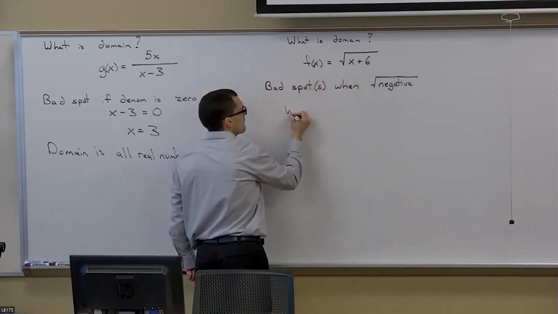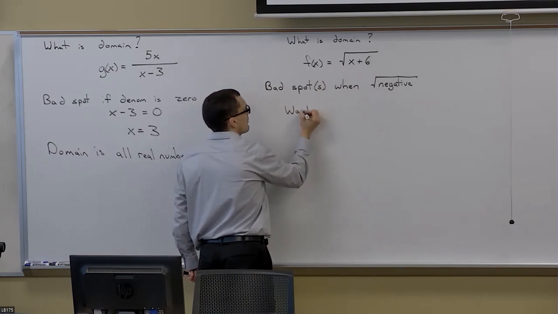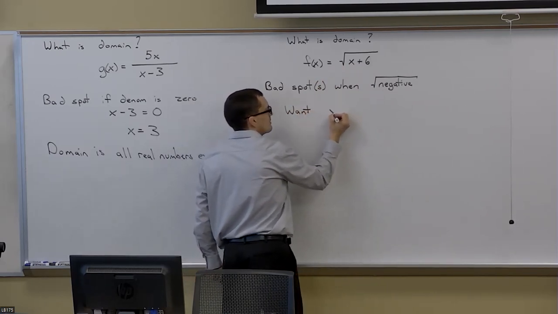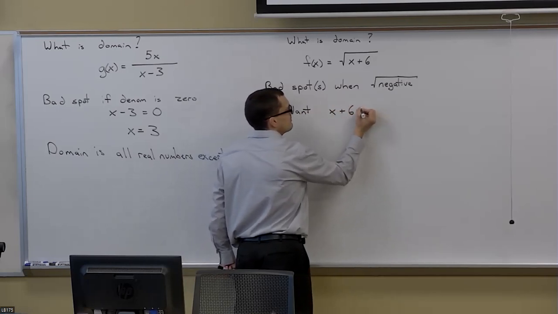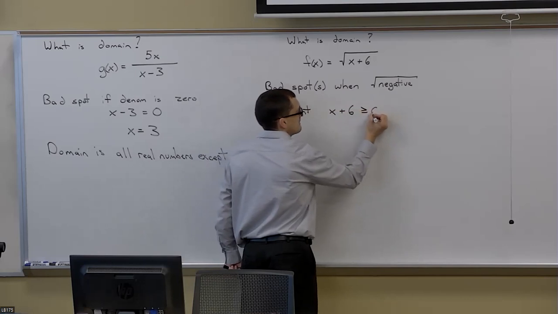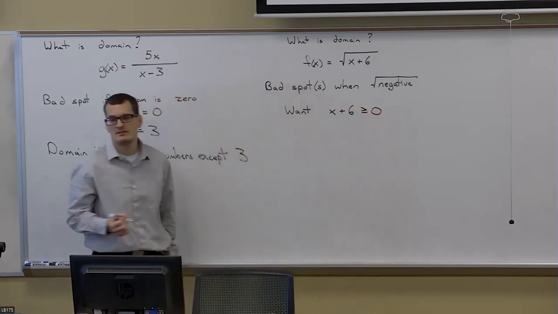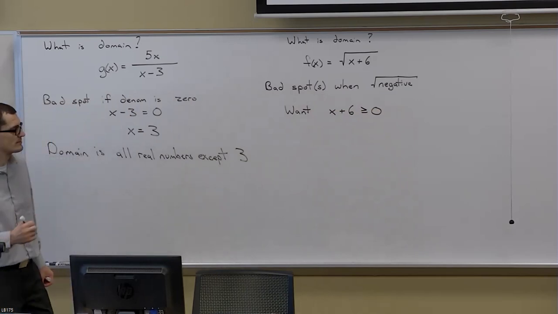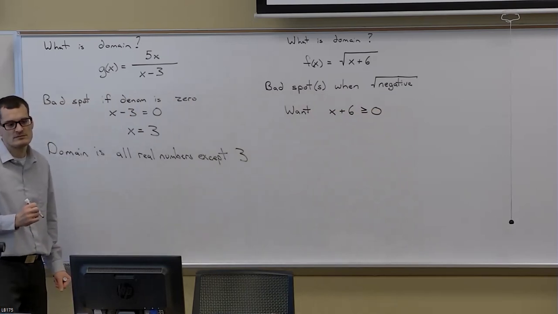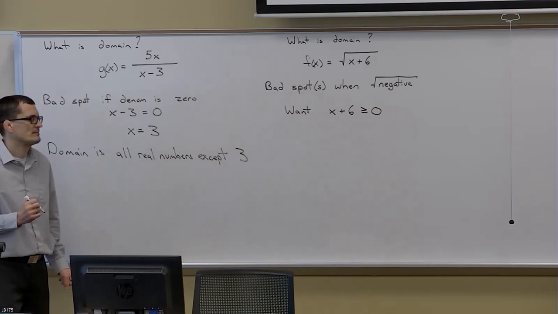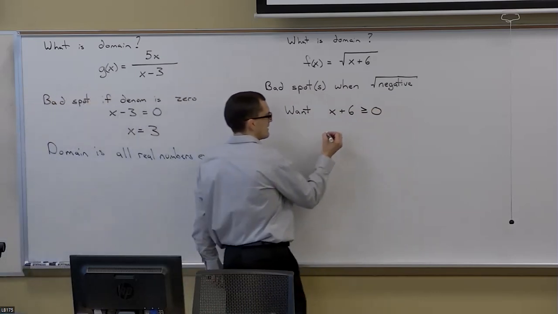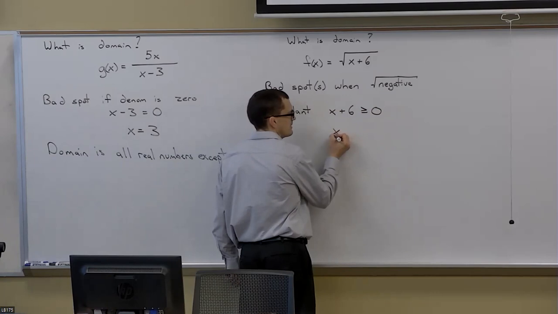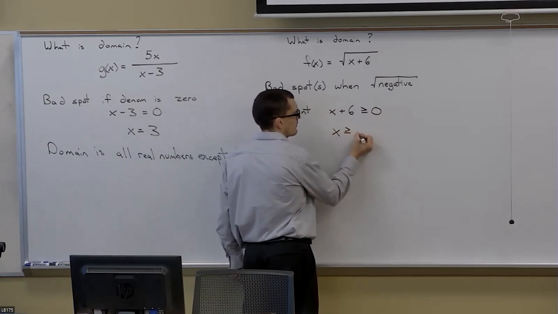So we want whatever is under that square root to be 0 or above. Subtracting 6 from both sides doesn't change the order of the sign.